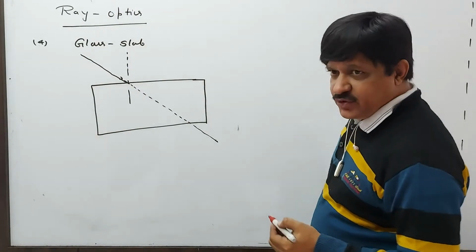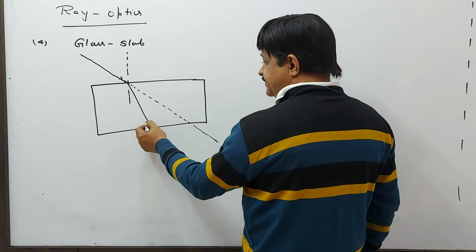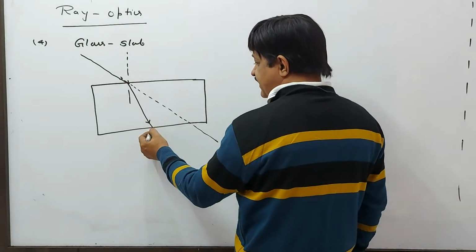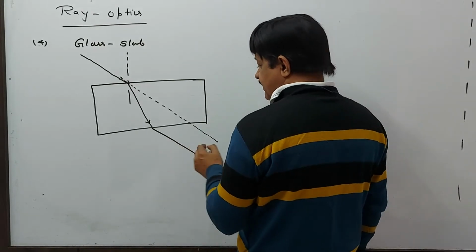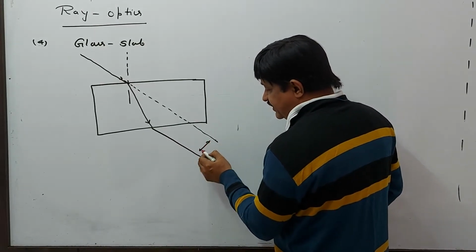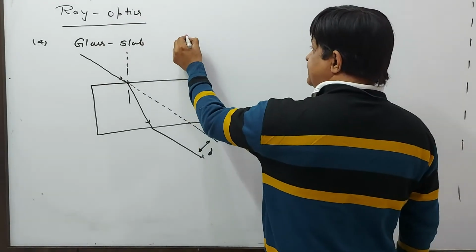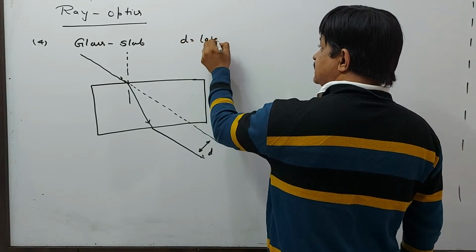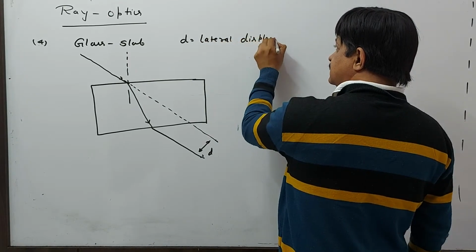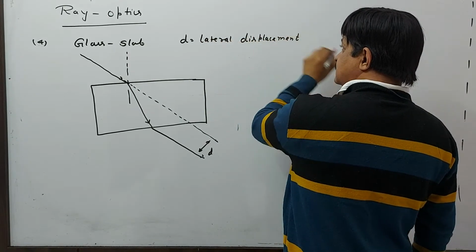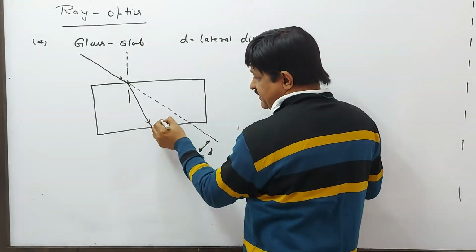When it passes through glass, it refracts towards the normal, and then when it comes out, it moves parallel to the original direction. This distance is called d, and we call it lateral displacement. They must be parallel.